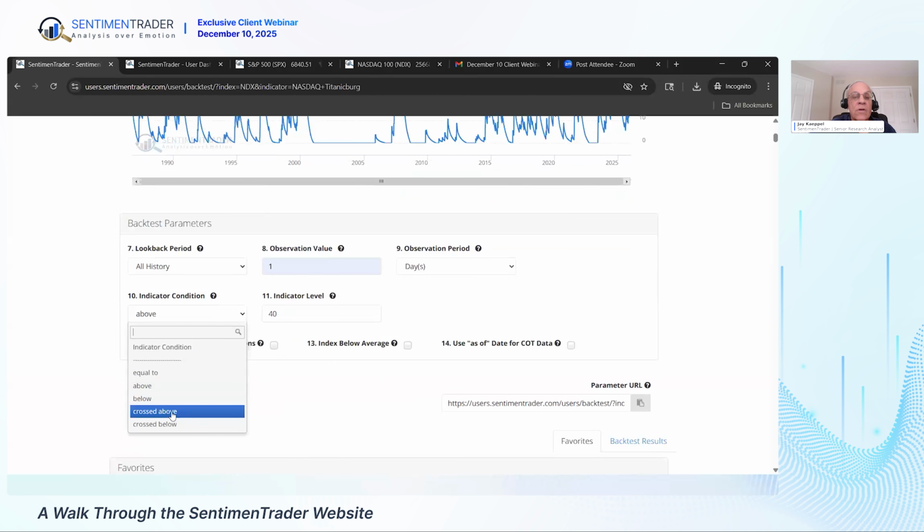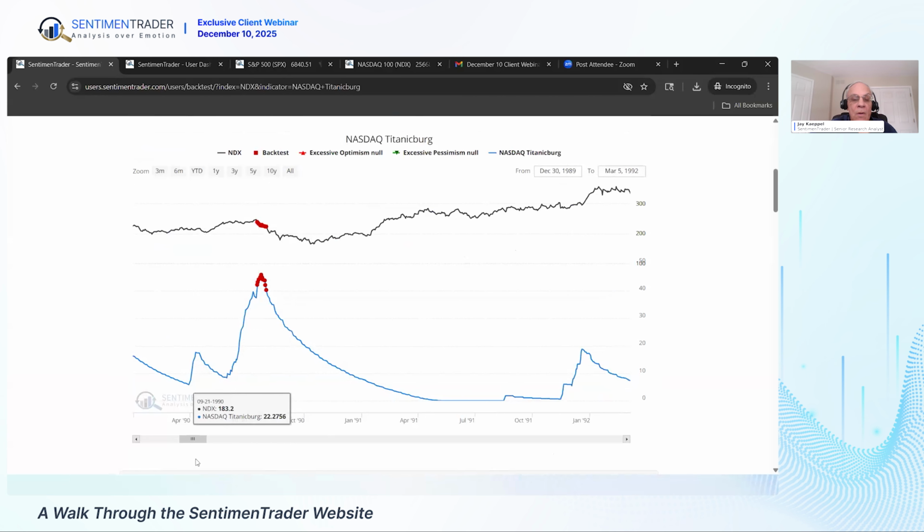So we're going to get a lot of red dots. What happened here? Well, in 1990, it got up above 40. The S&P went from 238 down to 166 in a couple of months. So that was a decent warning sign.